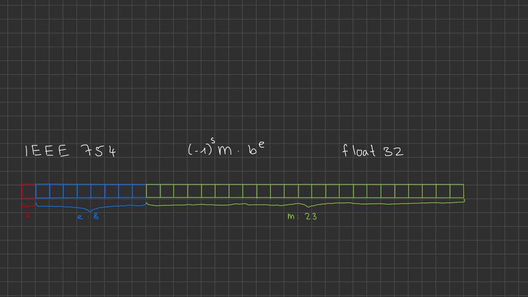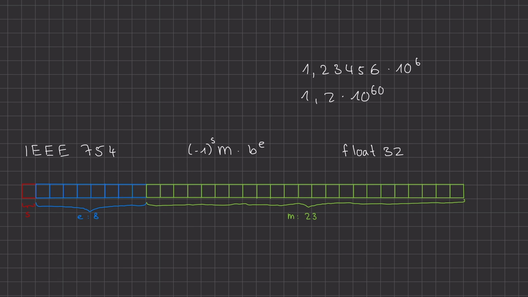But usually we're more interested in the different digits that are in a number. So for example, we care more about representing a number like 1.23456 times 10 to the power of 6 than we care about representing a number like 1.2 times 10 to the power of 60.